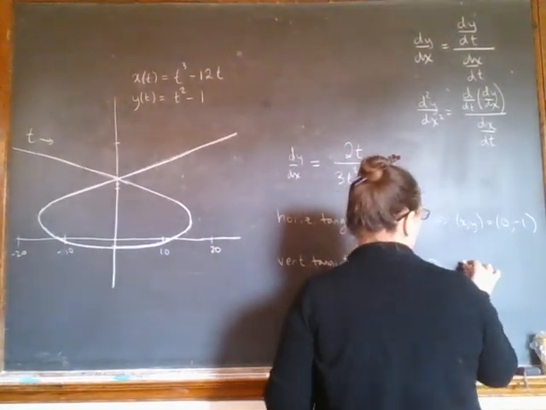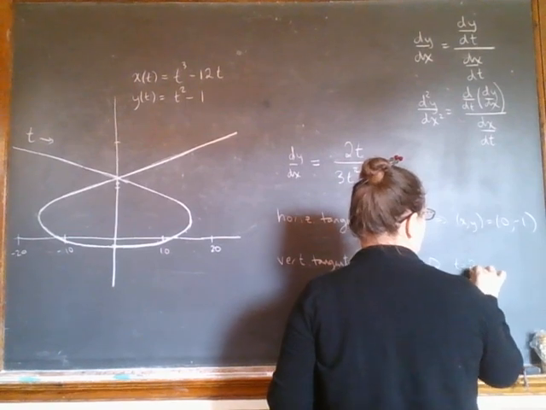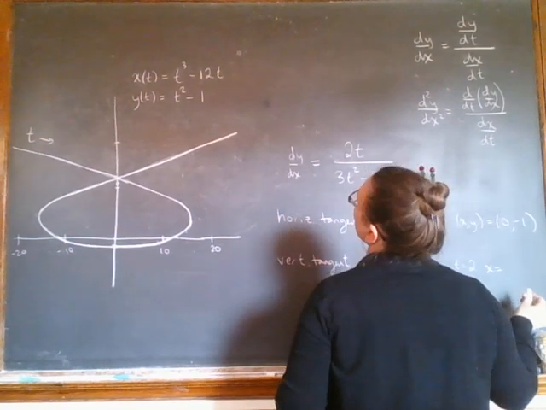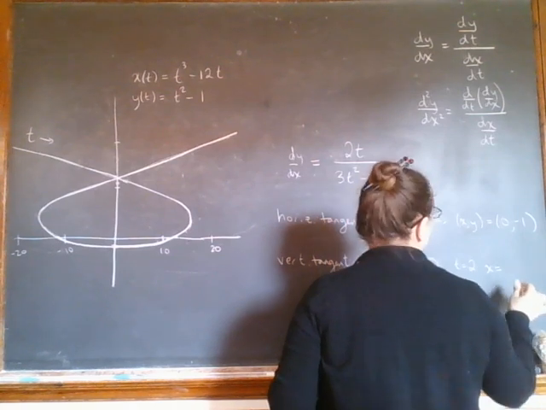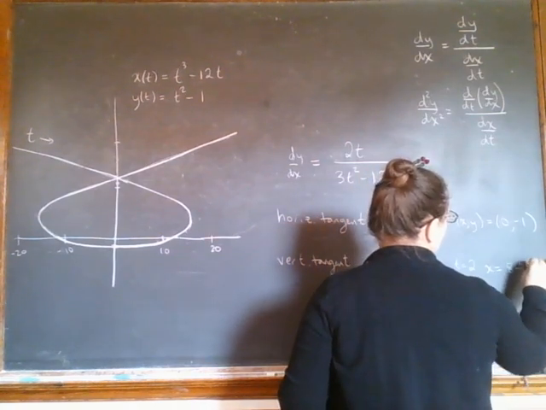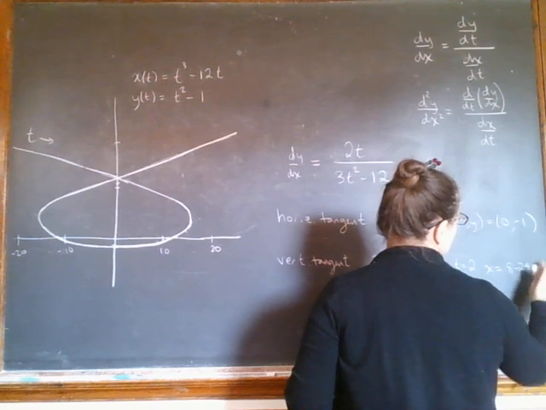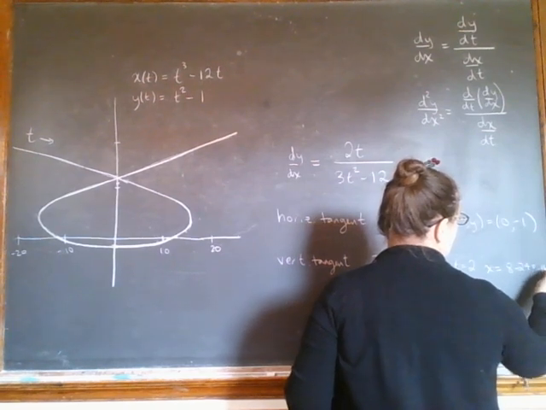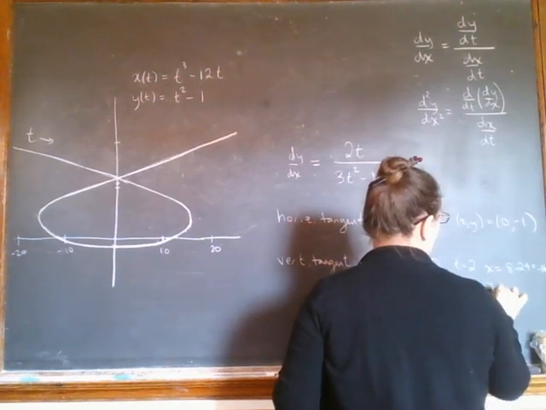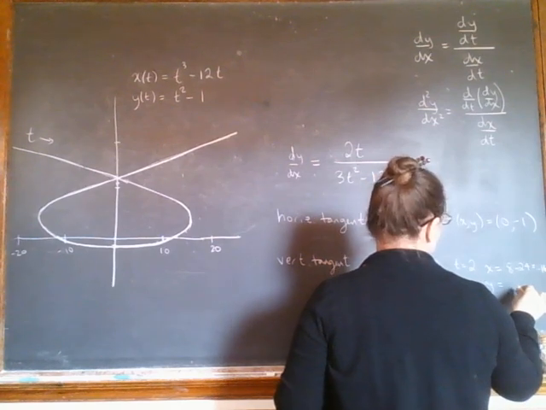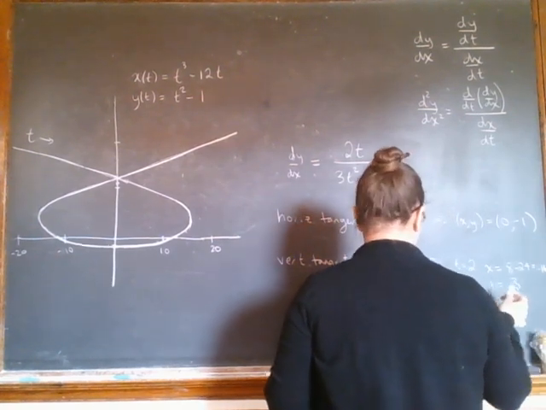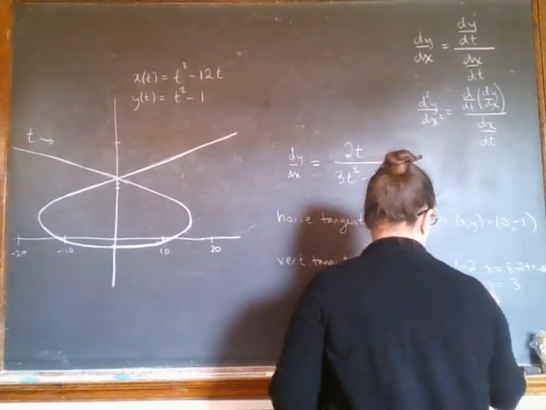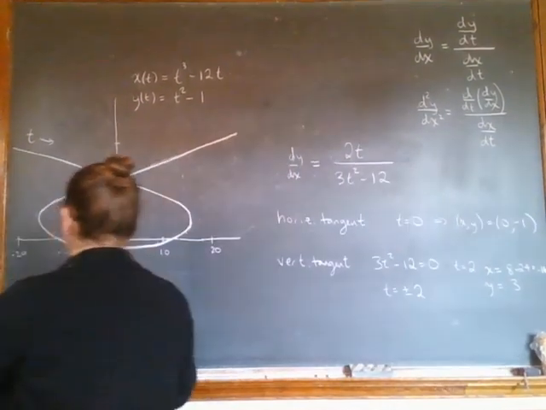So for t equals 2, x is what? 8 minus 24, so this is negative 16. And y is 3. Okay? So that would be, you can't really see it, negative 16, 3.